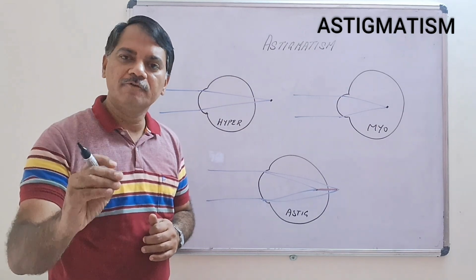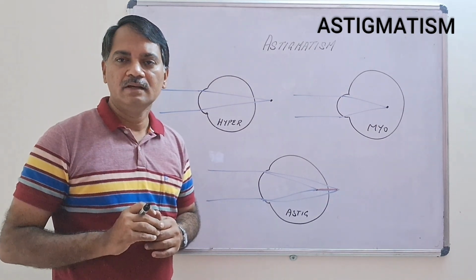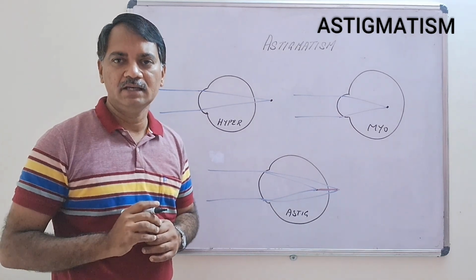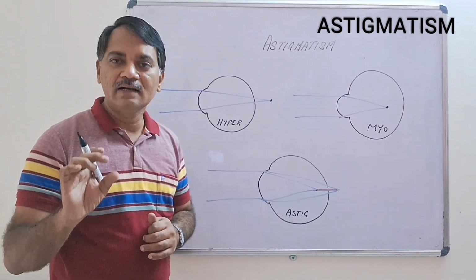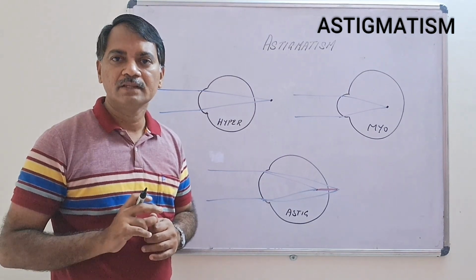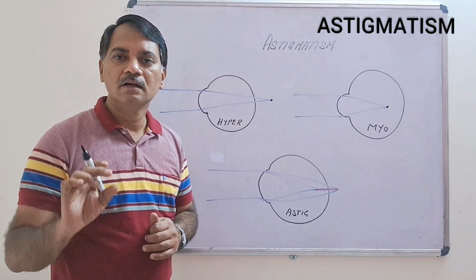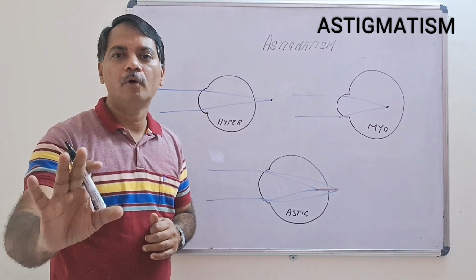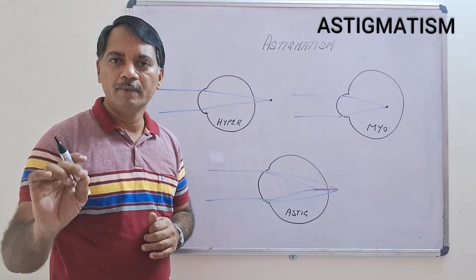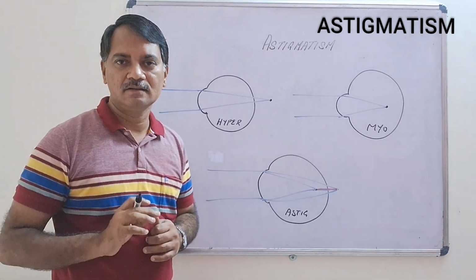What is the definition of astigmatism? Astigmatism is a refractive condition of the eye in which parallel rays of light coming from the distance do not come to a focal point. They instead form a focal line.